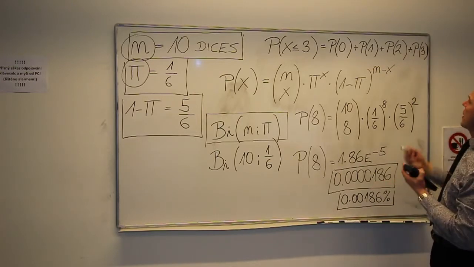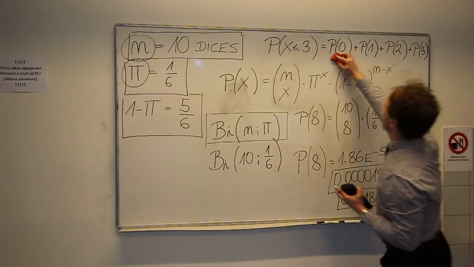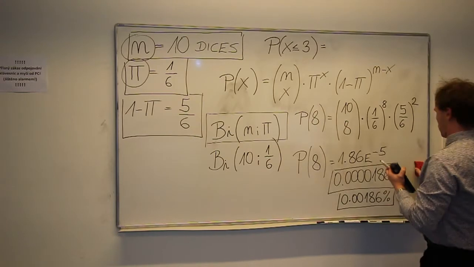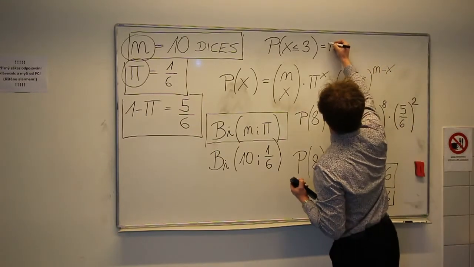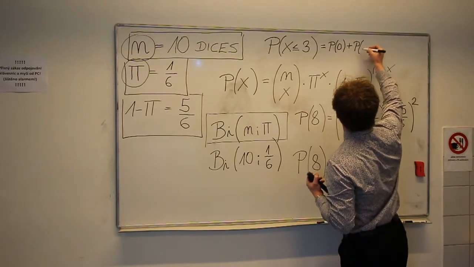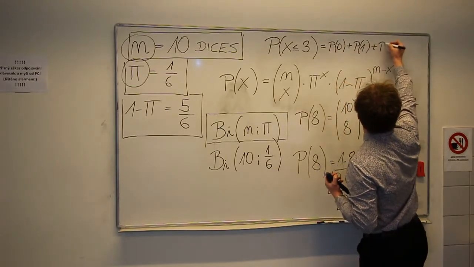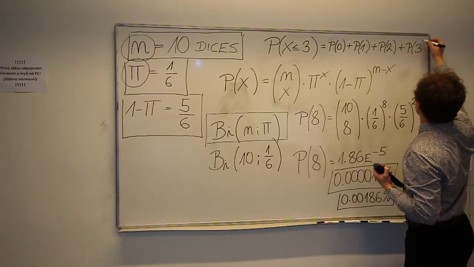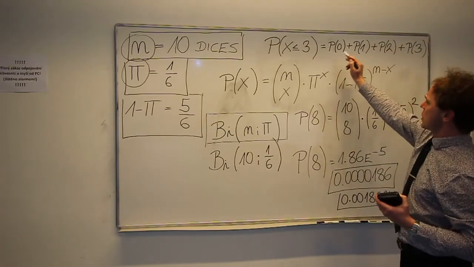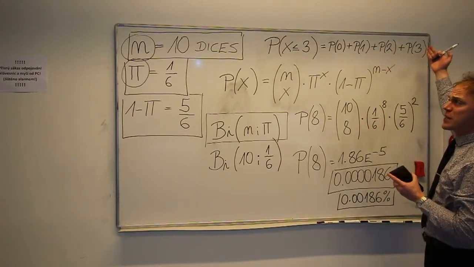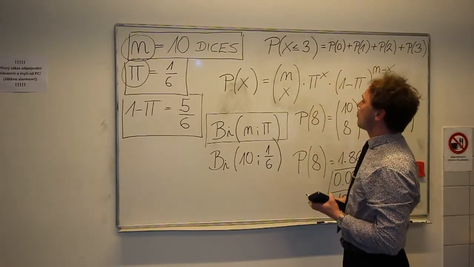Yes, so maybe I will rewrite this with a little smaller font. So this will be calculated like probability of 0, or probability 1, or probability 2, or probability 3, either on 0 dice, or on 1 dice, or on 2 dice, or on 3 dice. No more than on 3 of them.